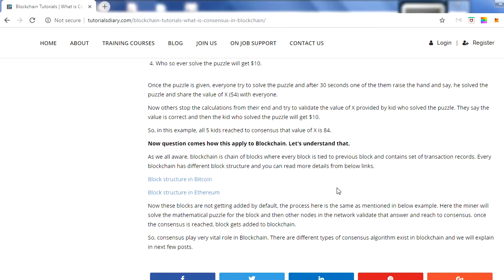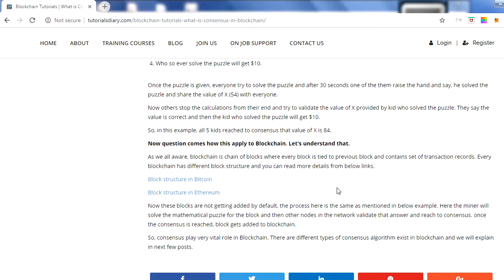Whosoever solves the puzzle has to raise a hand to say that I have solved this puzzle, then others have to validate. In the same way, whenever we do any kind of transaction in a blockchain, someone has to validate these transactions. Let's take the example of Bitcoin: after every 10 minutes a block gets created, and that block will have some set of transactions, right?